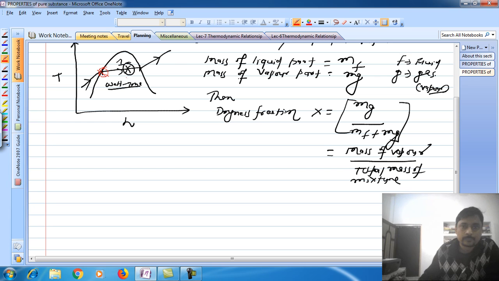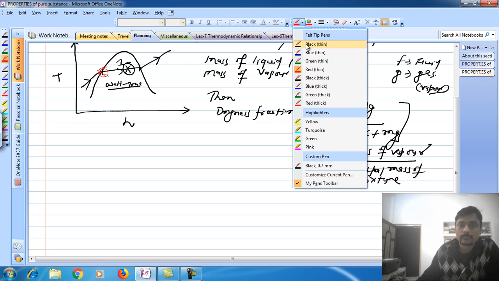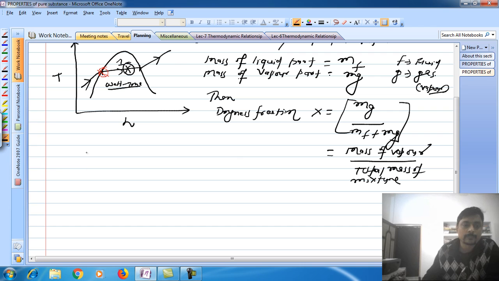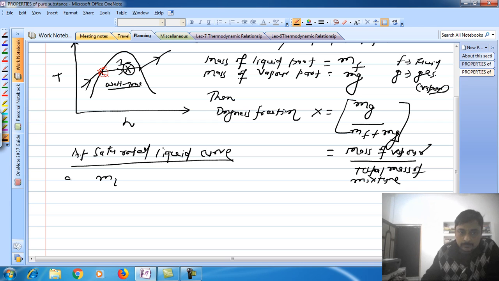At the saturated liquid curve, as you know, only the mass of liquid will be in the mixture.